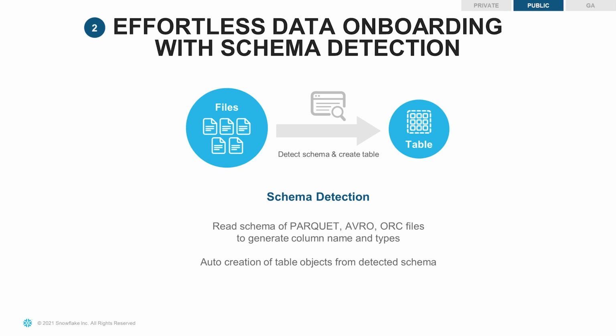It allows you to automate the whole process of detecting schema and creating tables in Snowflake and dramatically reduce the overall time required to develop new pipelines. We are also working on schema evolution that will make schema detection and evolution both possible right out of the box in Snowflake.